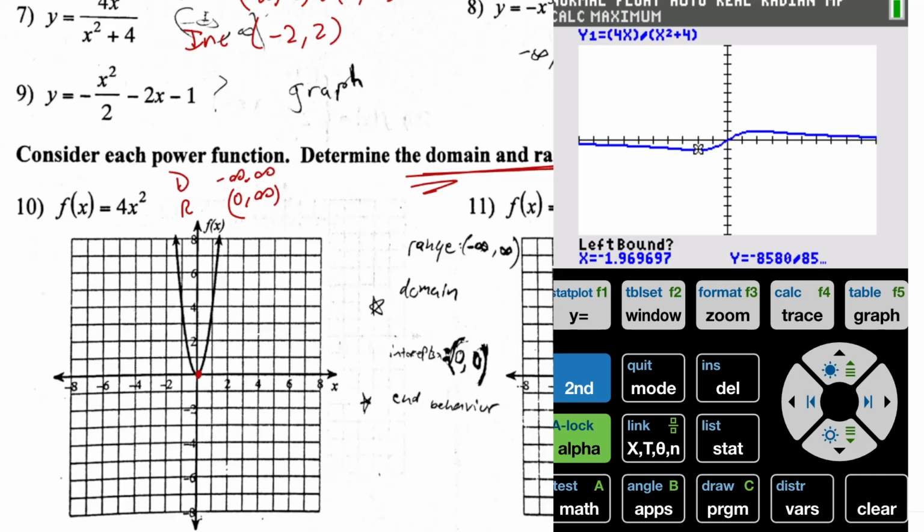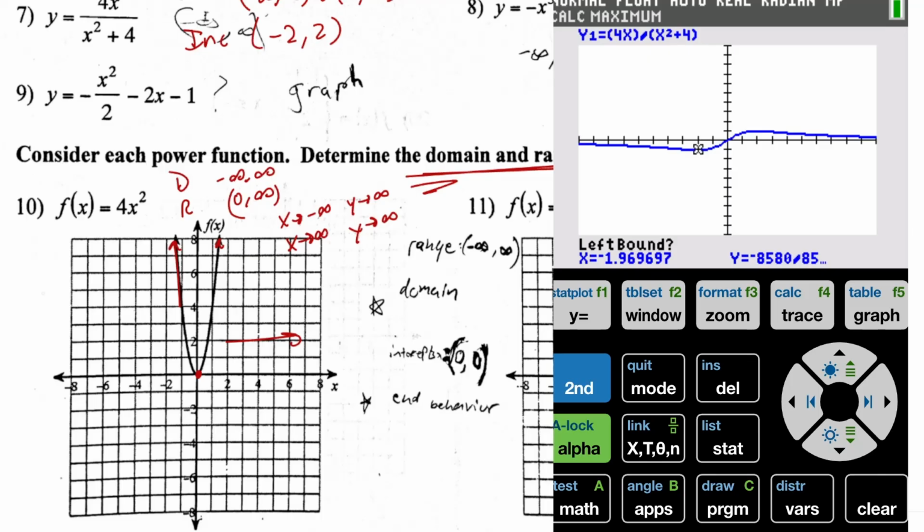And the end behavior, you write it like this. X goes to -infinity, that's the left side. Y goes to infinity, which means it's going up. And this arrow, you'd say it's on the right side. So as x goes to +infinity, y goes up to infinity.